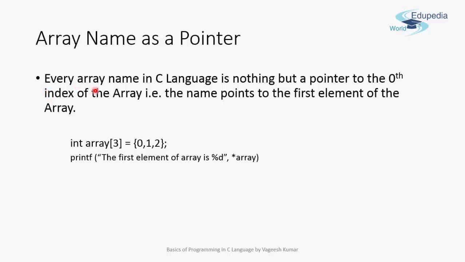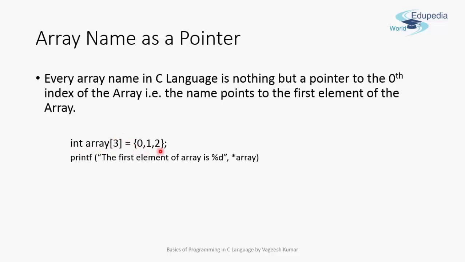Every array name in C language is nothing but a pointer to the 0th index of the array, that means the first element of the array, because in C, array indexes begin from 0 to size of the array minus 1. So the first memory location of the array is at the 0th index, and the name of an array is nothing but the pointer to the 0th index of the array. Suppose there is an int array, and its size is 3.